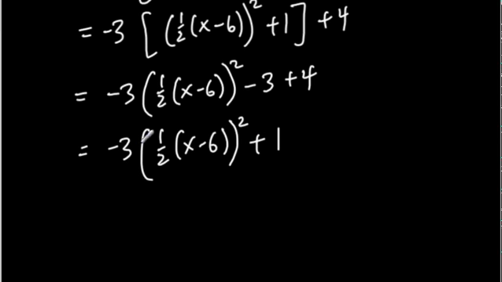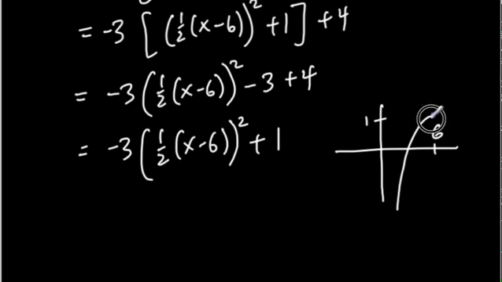So if you look at this, there's a reflection across the x-axis, vertical stretch of 3, a horizontal stretch by 2, to the right 6, and up 1. So in other words, this reflection here will make sure that it's going down. It's to the right 6 and up 1. So that's my vertex, and that's just going to go down like that.